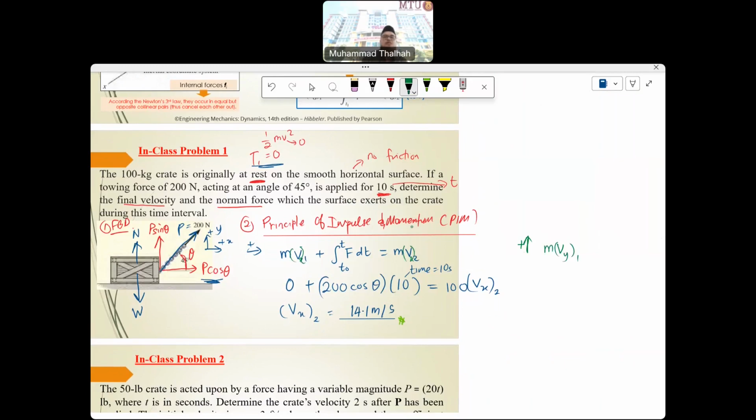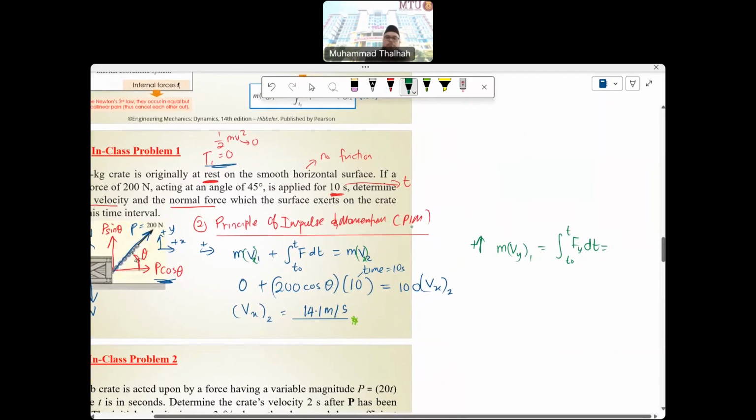Sorry for the mess. Okay, hope you can understand that one. Equals the sum of forces, the impulse forces, Fy dt equals to m times the velocity in the y direction at time 2.